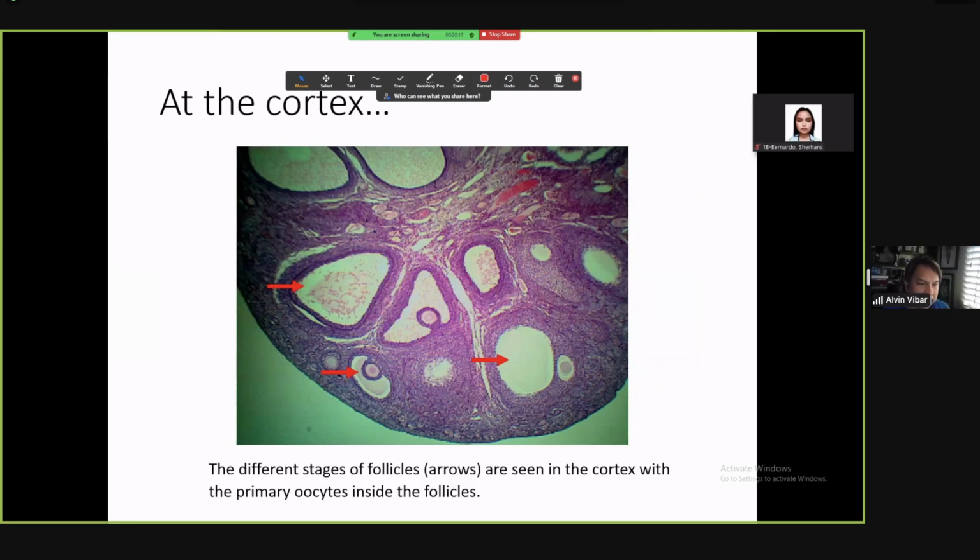We did mention that at the cortex layer, you have to identify the different follicles at various stages of development. So expect that we're going to ask you that. You must be able to identify the stage of development or identify the whole structure. And remember that those ovarian follicles are seen at the cortex layer.